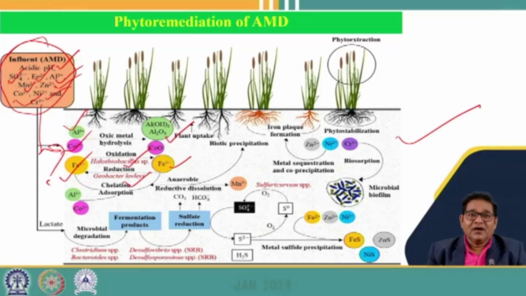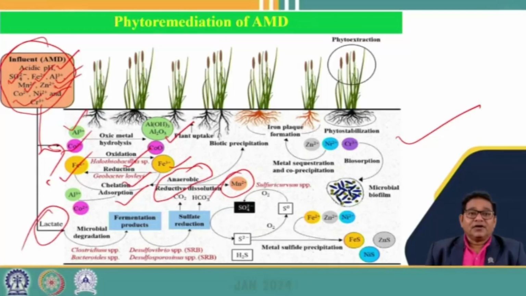Then there is another phenomenon, chelation adsorption, through which aluminium and cobalt get absorbed, and then anaerobic reductive dissolution of manganese takes place.